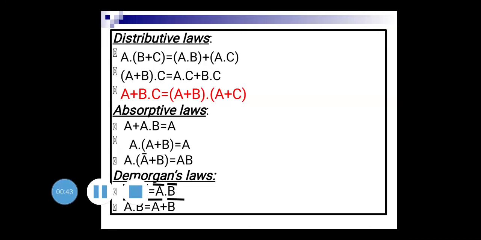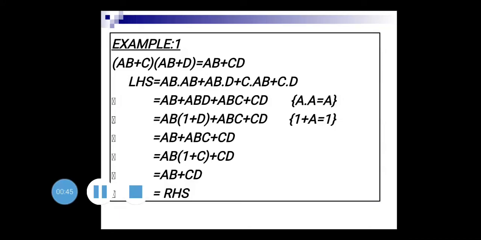So we'll start with the first example. The example here is: in the first bracket you have A and B plus C, and in the second bracket you have A and B plus D, that is equal to A and B plus C and D. Here we are going to solve the left hand side first. The left hand side, with its brackets, is one form of Boolean equation, and the right hand side is another form of Boolean equation.